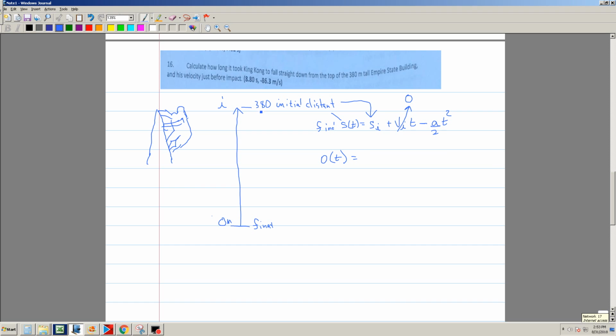And he started at the initial of 380 meters minus 9.8 times t squared.